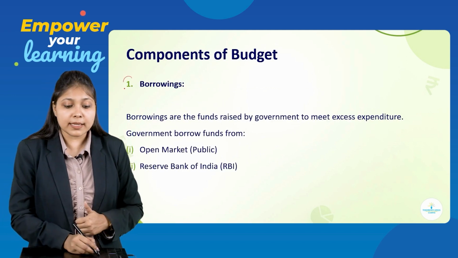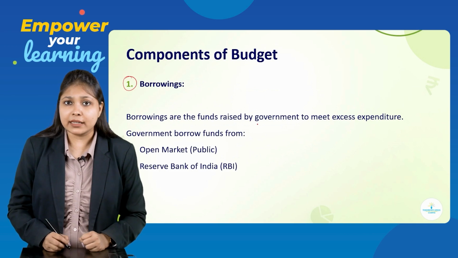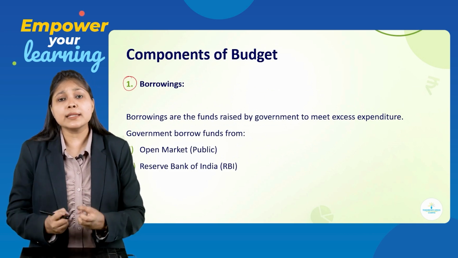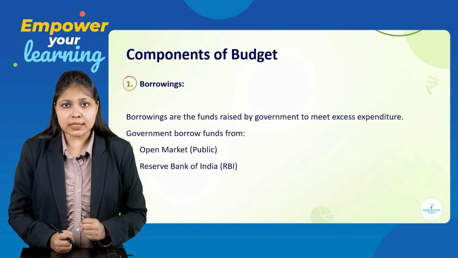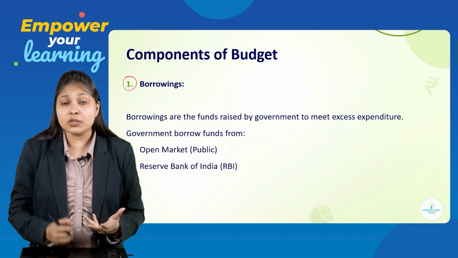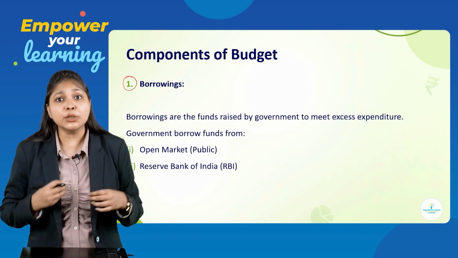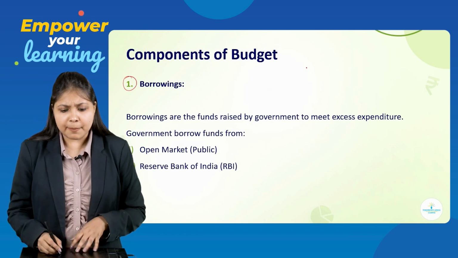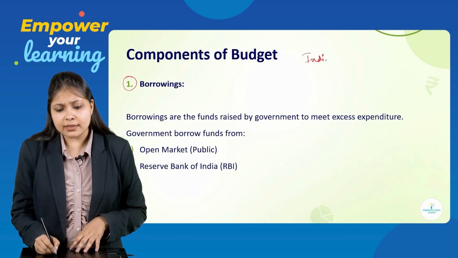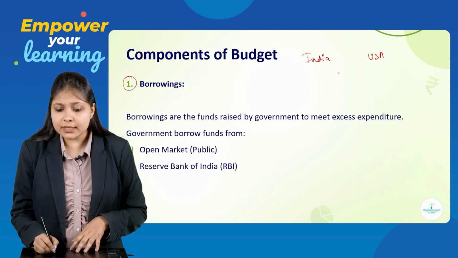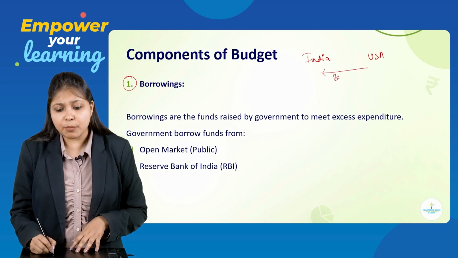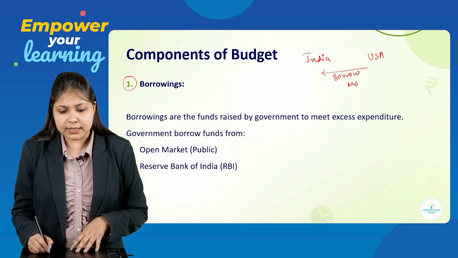First of all is borrowings. As I said, if the government is borrowing some money from any financial institution, from any union territories or from any other foreign country, in that case the government will be liable to repay them, right? For example, this is India and this is USA. Say suppose India is borrowing money from USA.